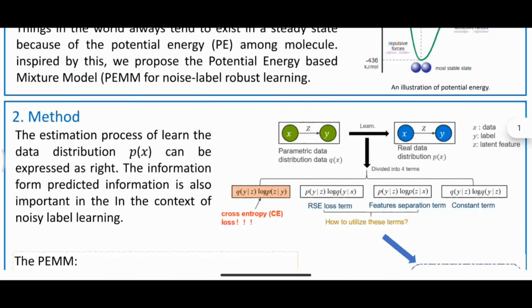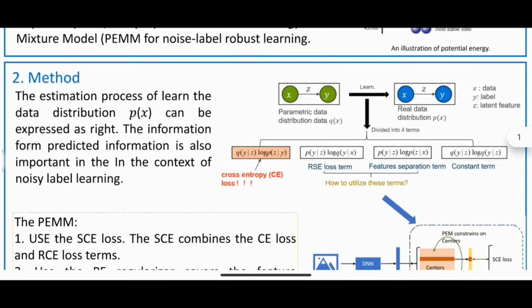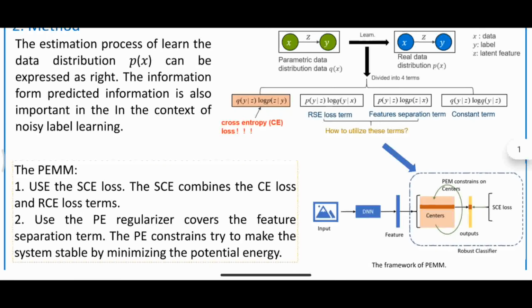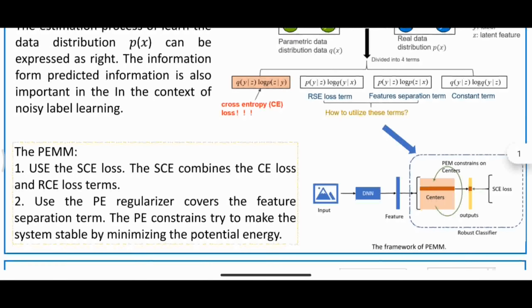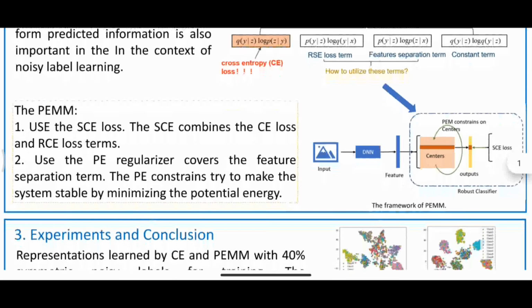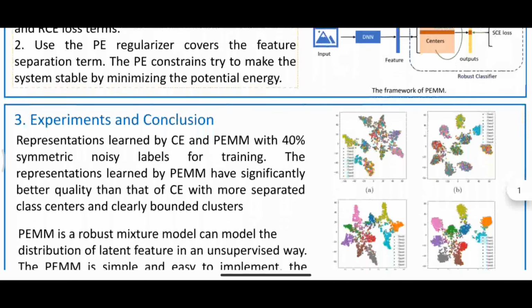The proposed method is realized by a distance-based classifier with potential energy utilization on its class centers. By applying the method, the DNNs can learn better representations that preserve the structure from the data, resulting in better noise tolerance.